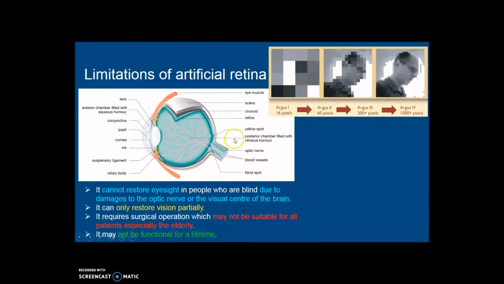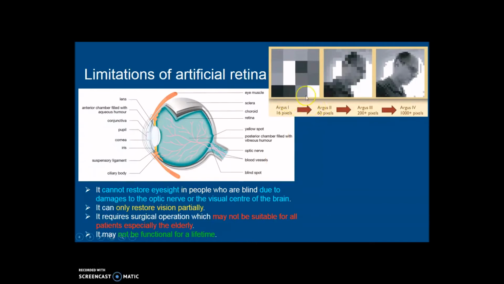Or if the optic nerve is intact but the visual center of your brain is damaged, your brain cannot analyze the nerve impulse at all. So that's the first case.